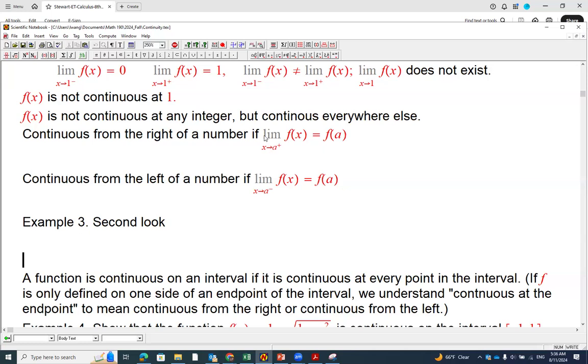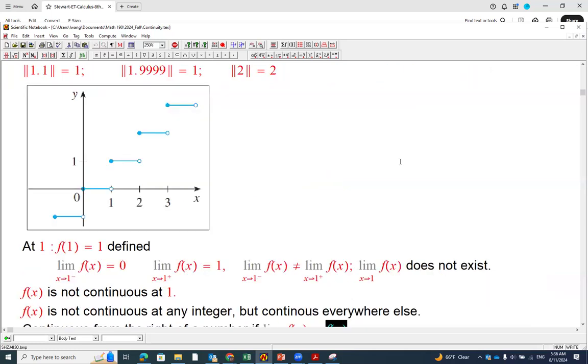For example, if the limit from the right equals the function value, it is continuous from the right. And we have a situation like this. In this case, we know that the two-sided limit does not exist. The two one-sided limits exist but are not equal.